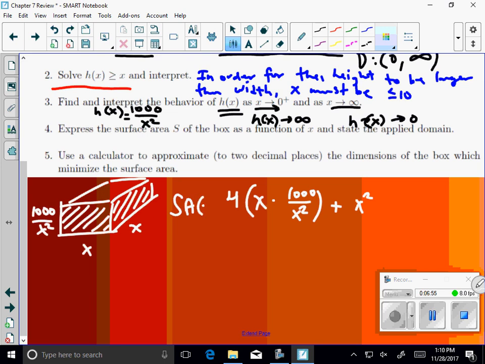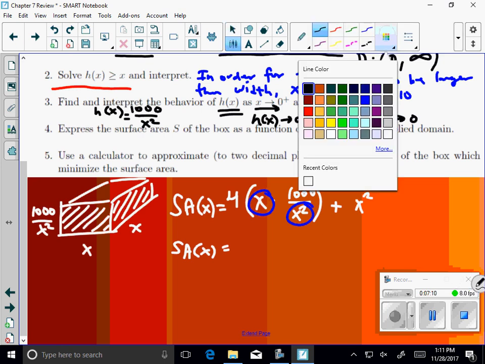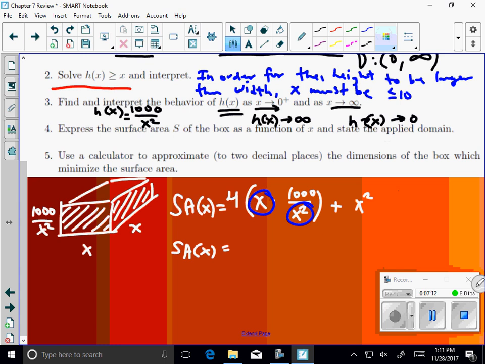So this is how we'd write out the surface area in terms of x. So let's distribute and just be good kids about this, be varsity. Because most of the time I'm JV. What would this reduce to? 4 times what? Yeah, the x and the x squared would just make an x in the denominator.